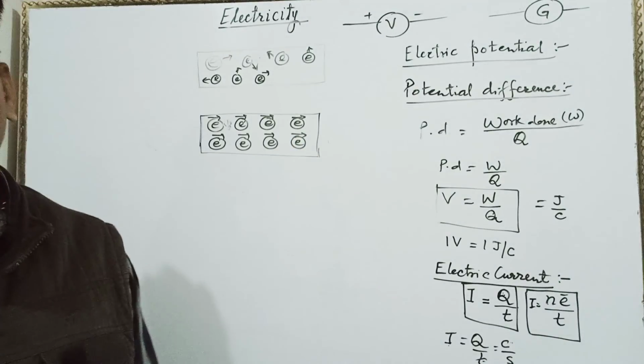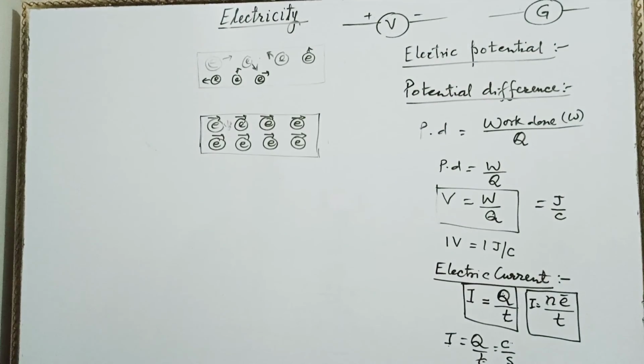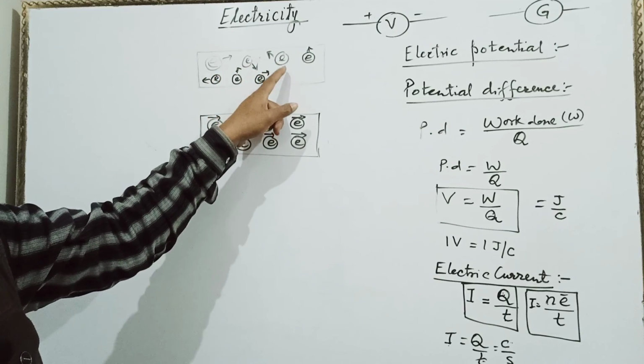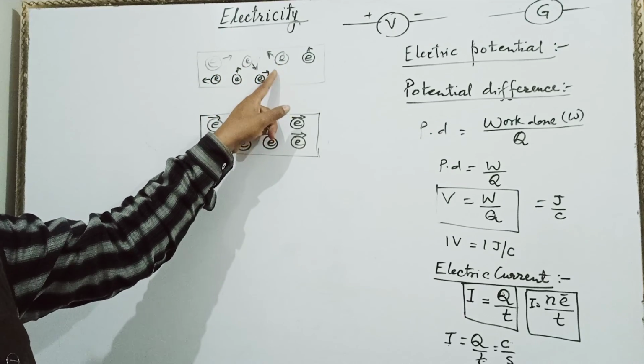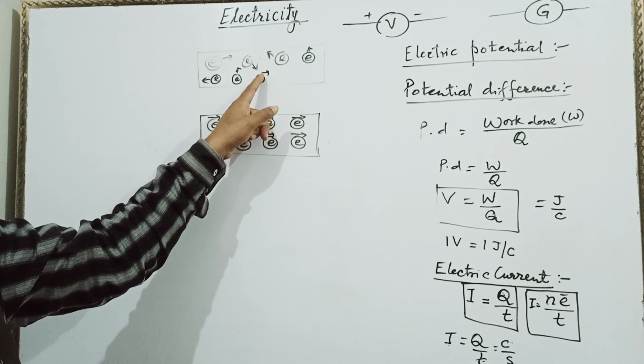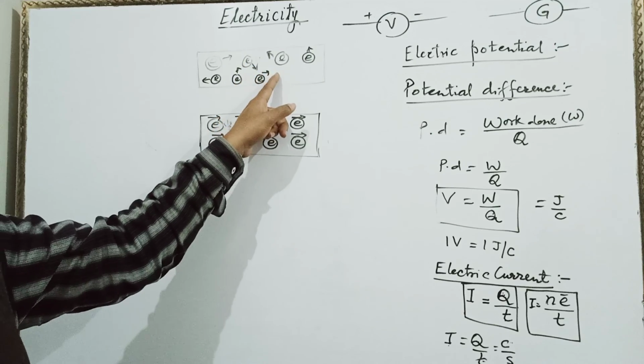So what we are seeing is that when the electric current is not flowing, the electrons are going in a zigzag manner, in any manner. They are not in a fixed, proper direction. They are moving in random directions.